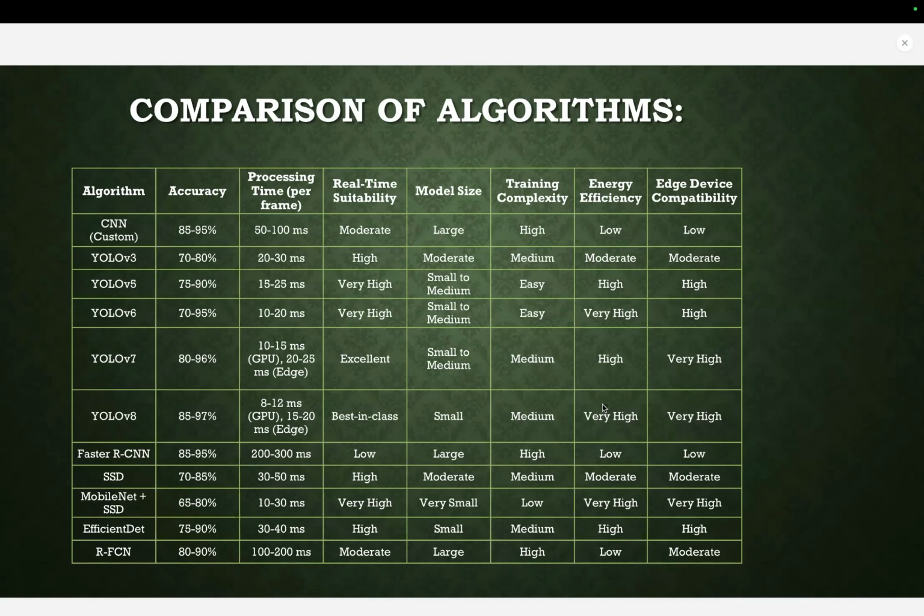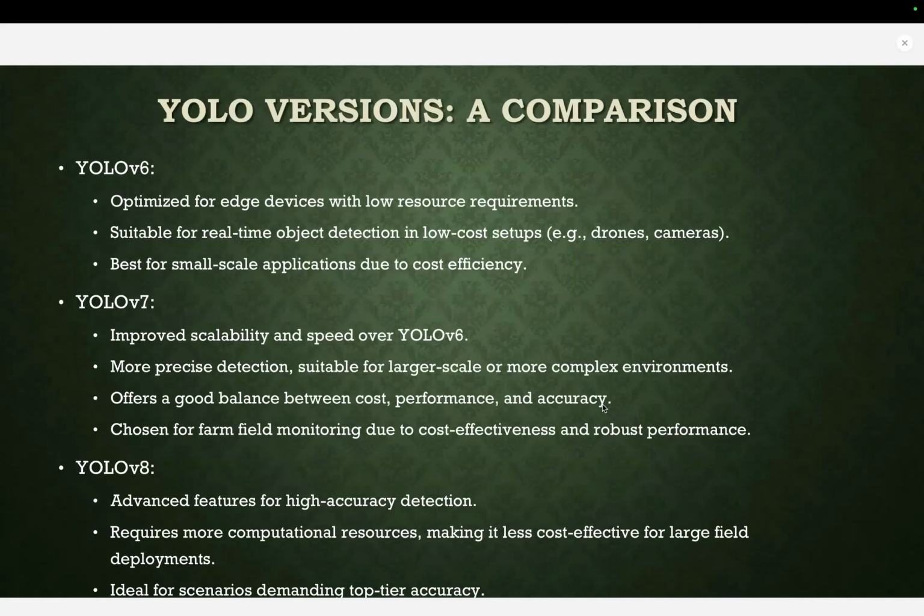We have also chosen YOLO V7 because its edge compatibility is very high, which will help the farmers. So there's a comparison of different versions of YOLO. We have chosen YOLO V7 because it's very cost-effective, has robust performance, the accuracy is very high, and real-time processing is also very fast.